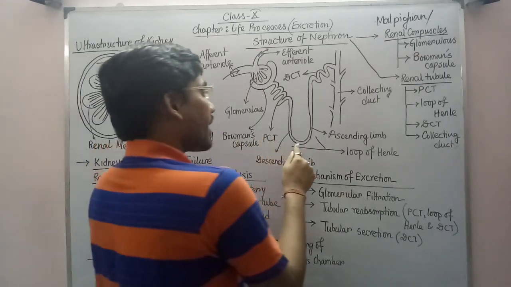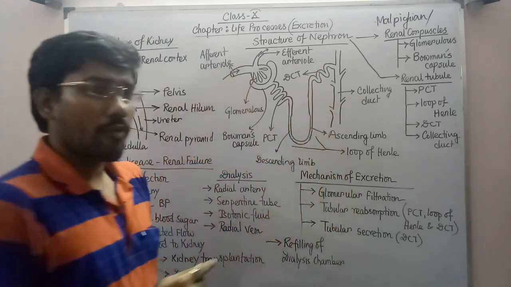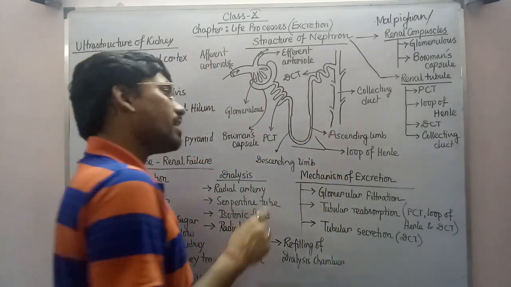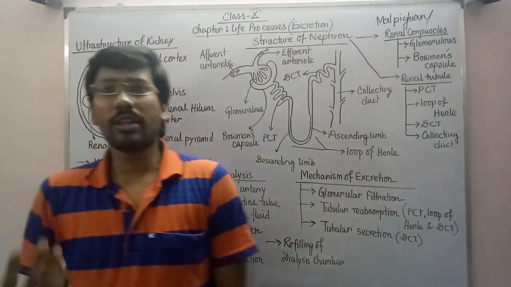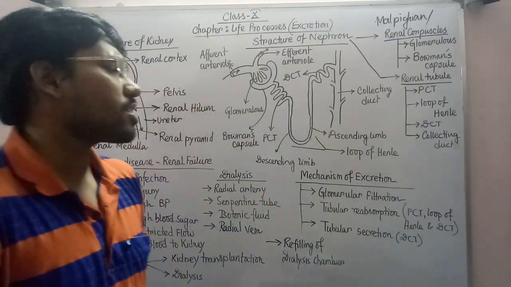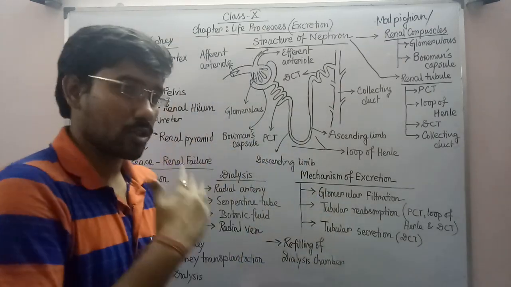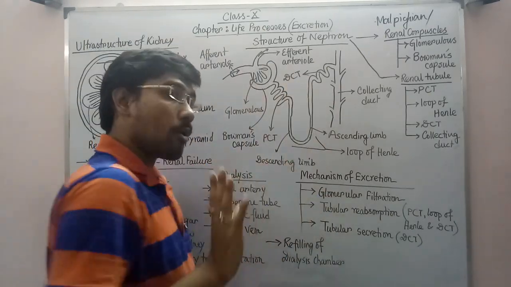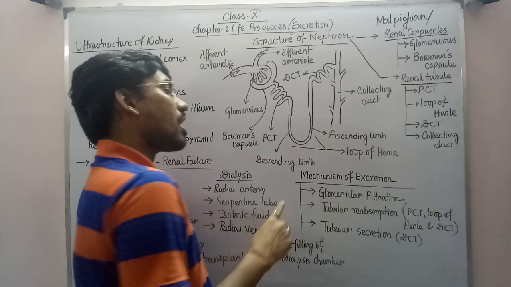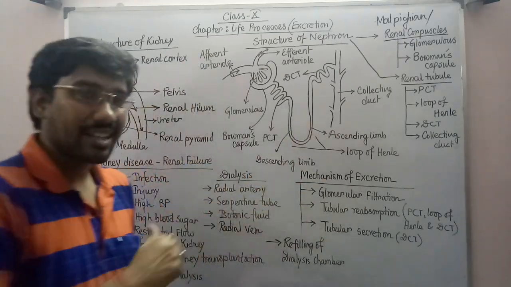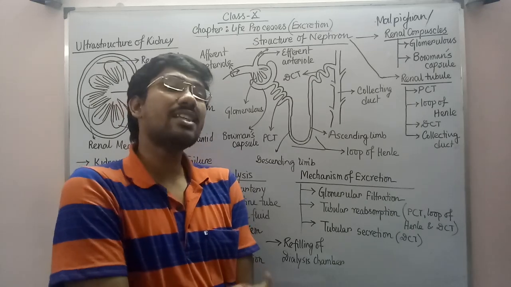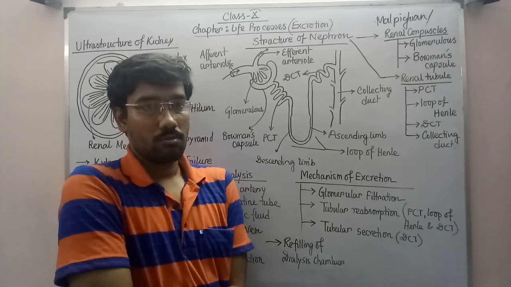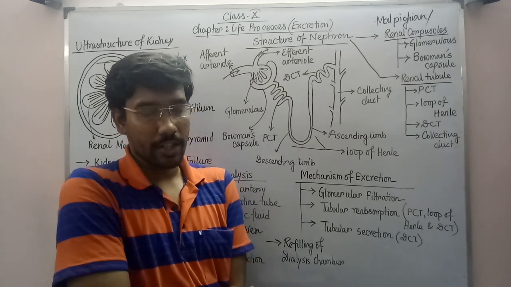Now, when the ascending limb of the loop of Henle starts, in that portion various kinds of ions like sodium, chloride, potassium, bicarbonate, and various other ions will start being reabsorbed from the ascending limb. And when the reabsorption happens in the ascending limb, automatically what is happening? The concentration of the urine will again start reducing.